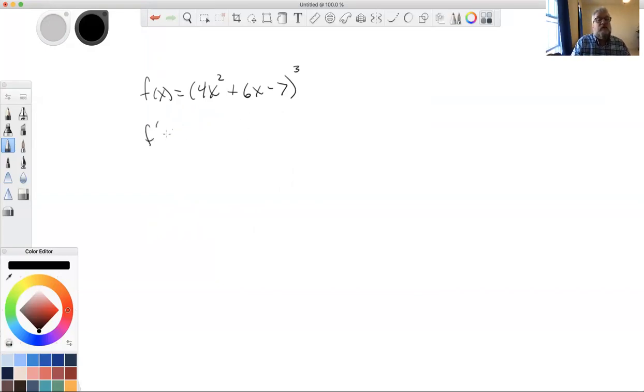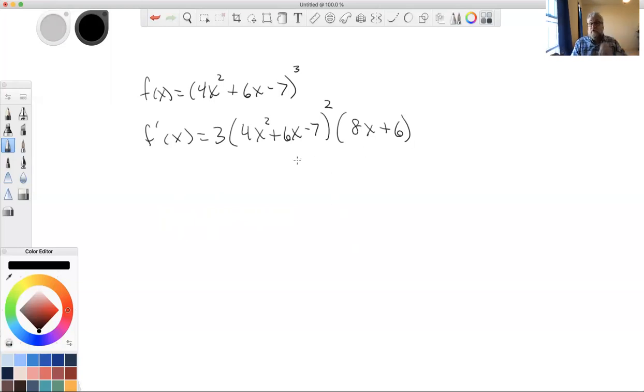So that'd be 3 times 4x squared plus 6x minus 7. I hope you all remember that. Times 3 minus 1 is 2. Times the derivative of the goop inside, which would be 8x, I almost caught it, plus 6, right? That's the derivative of the goop inside.